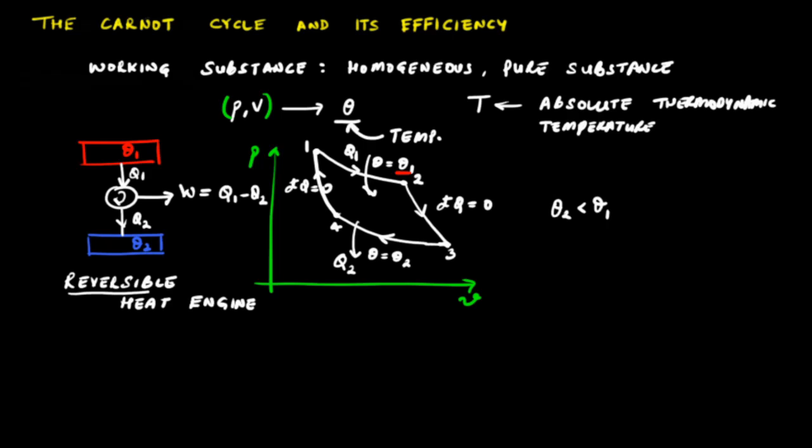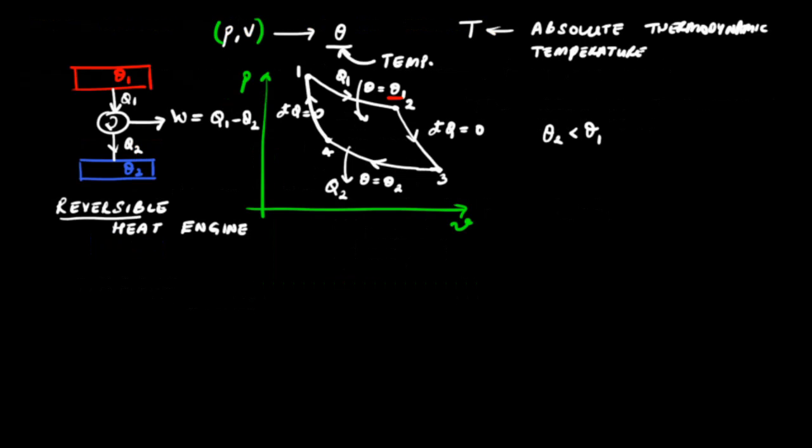Now, to see how this process can be realized, one way is to consider your familiar piston cylinder arrangement. So we have this frictionless piston fitted on this cylinder which contains gas, and note that the working substance can be anything.